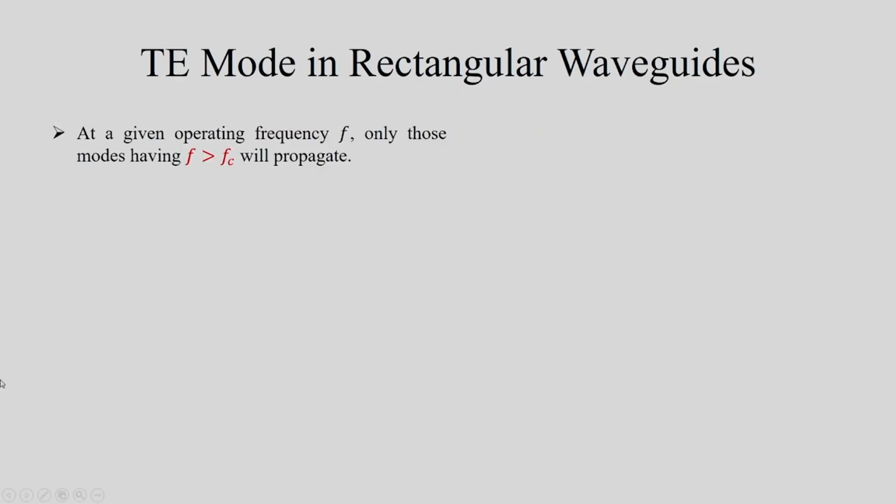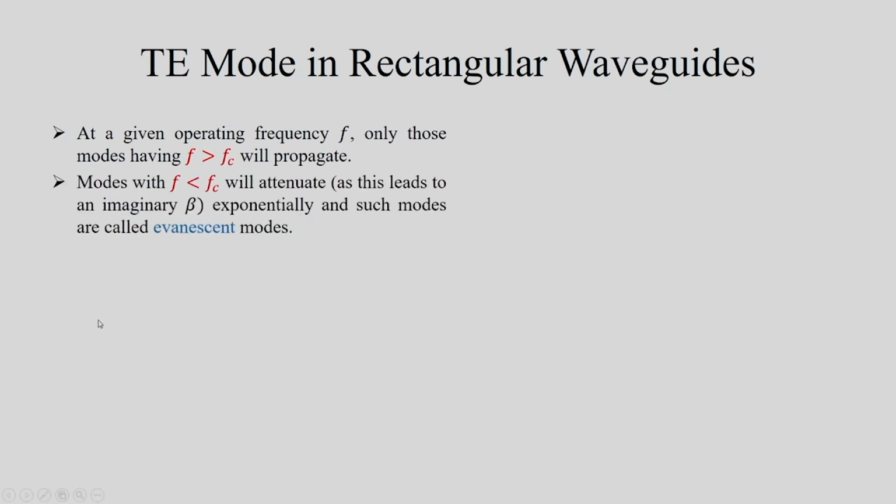So, at a given operating frequency f, only those modes which have f greater than f c propagate in a waveguide, and if the operating frequency f is less than f c, these modes attenuate, because beta becomes imaginary and they attenuate exponentially, and such modes are called evanescent modes.